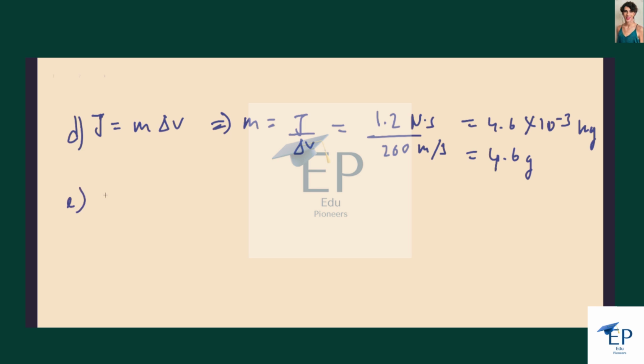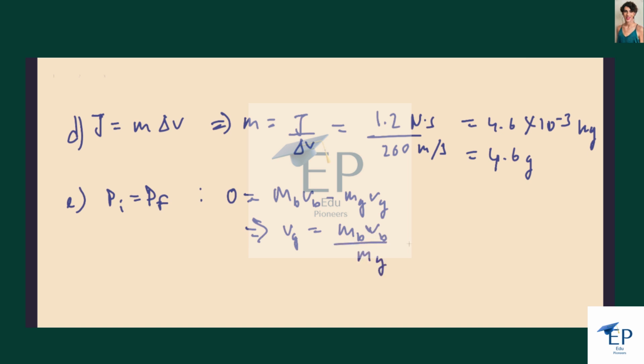And finally, in part E, we invoke momentum conservation. So P initial is equal to P final. Initially, you have no velocity for the bullet or the gun, so 0 momentum. That is what the final momentum has to be. So that is mass of the bullet times velocity of the bullet minus mass of the gun times velocity of the gun. And so the velocity of the gun is the momentum of the bullet over the mass of the gun.